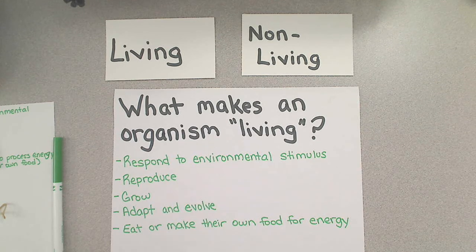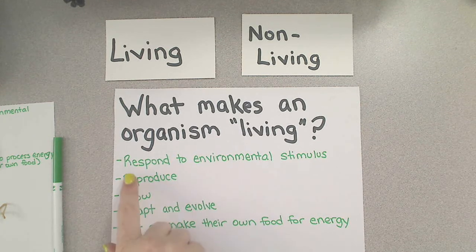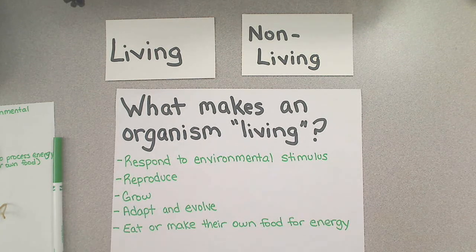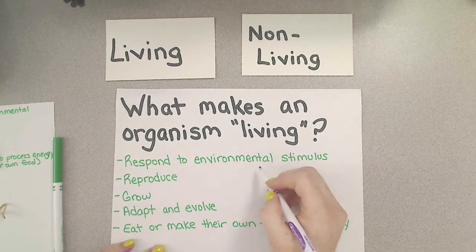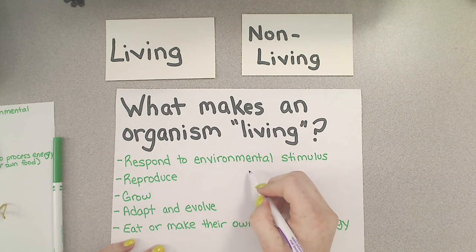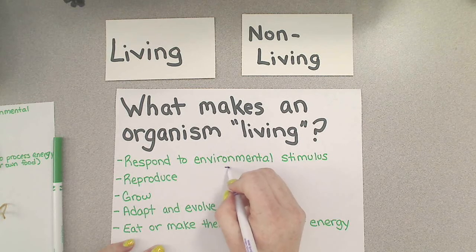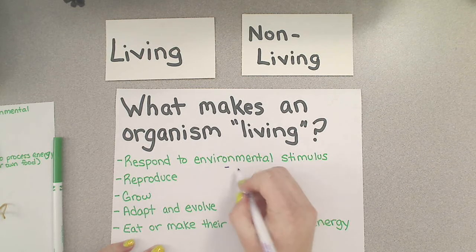Now, the first thing is that a living organism is going to respond to environmental stimulus. So, for example, this means that you have, let's say, grass, okay? You have grass that when exposed to too much sun dies.